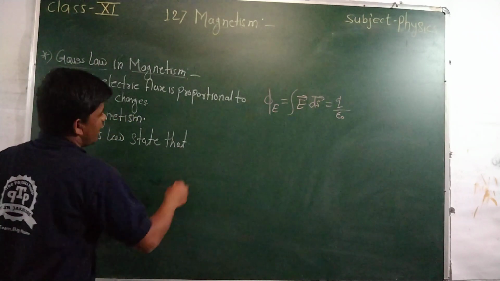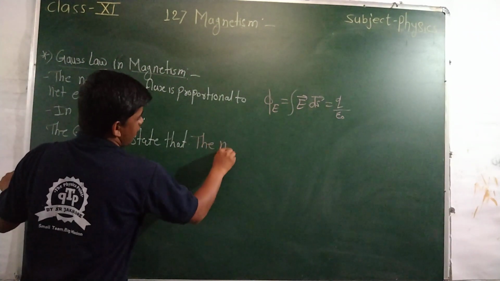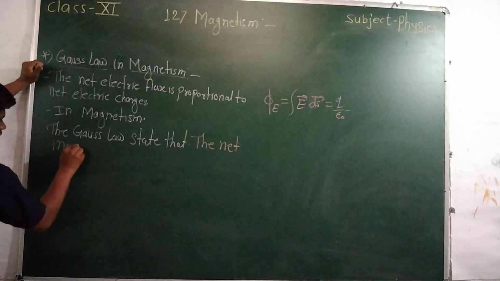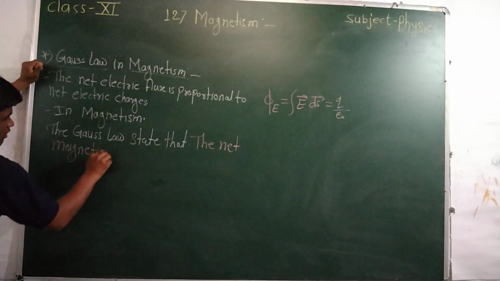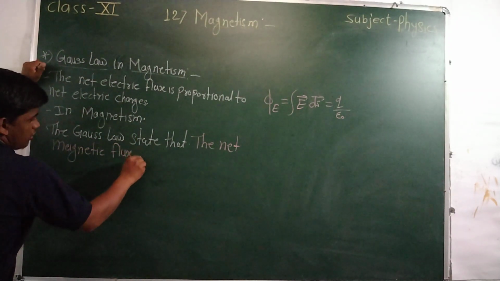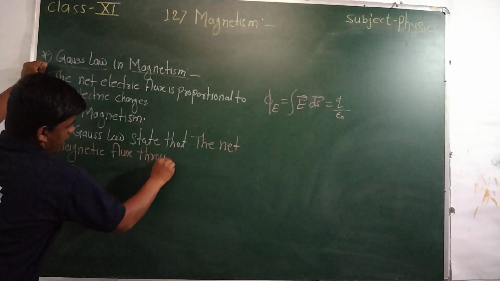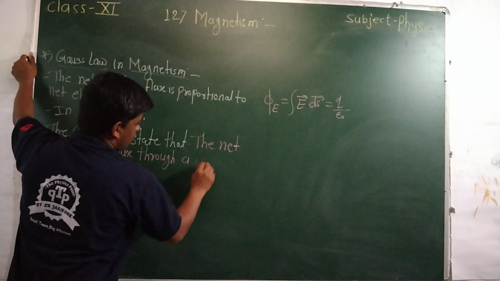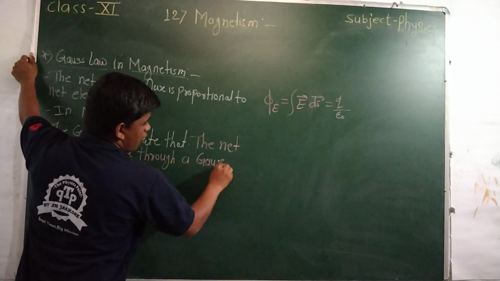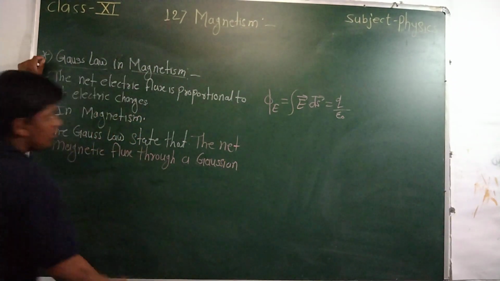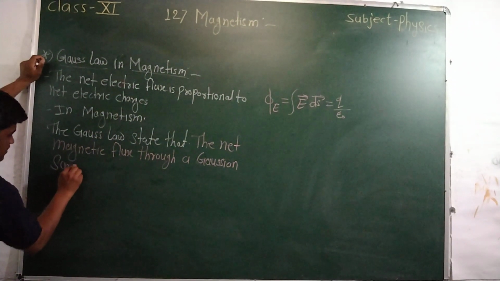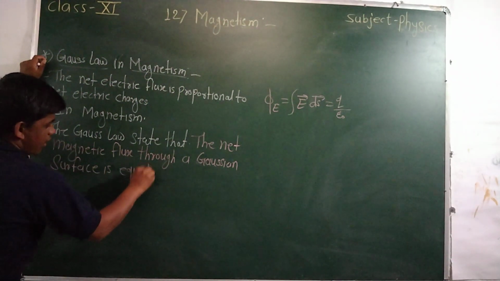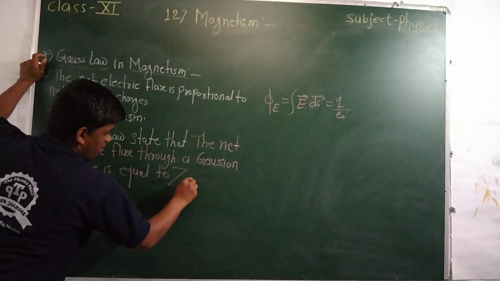The Gauss law states that the net magnetic flux through a Gaussian surface is equal to 0.